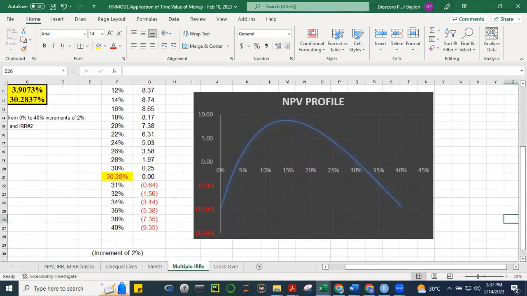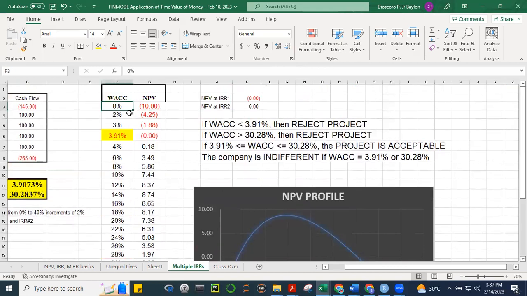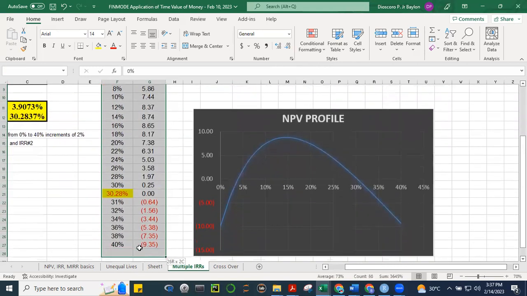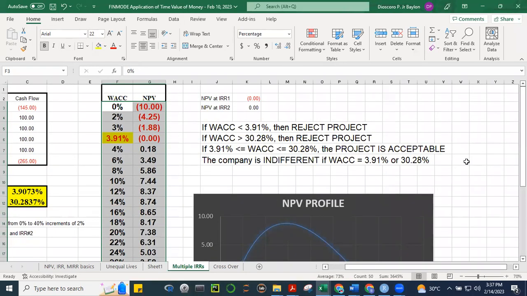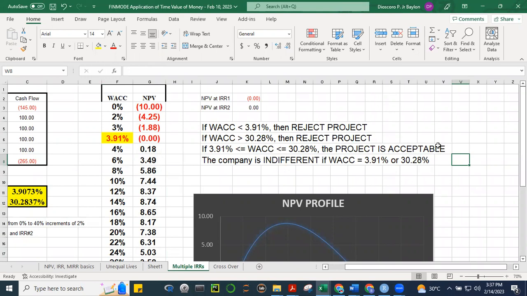Hello? Why is the company indifferent if the weighted average cost of capital is either 3.91%, which is IRR1, or equal to 30.28%, which is IRR2, approximately?